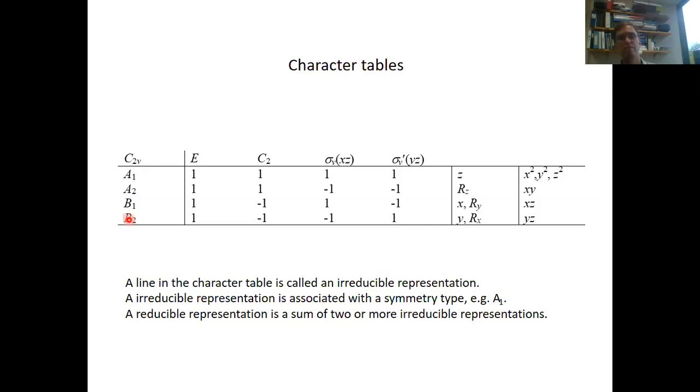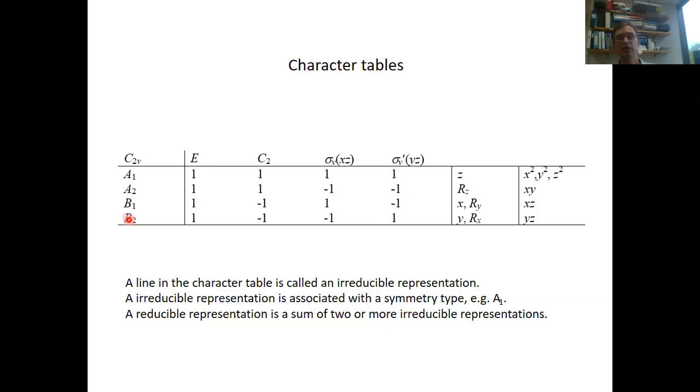Remember, our ligand group orbitals must also be mathematical functions because atomic orbitals are wave functions. Any ligand group orbital, any molecular orbital, is just a linear addition of atomic orbitals, and therefore is also a wave function, which can be described by a mathematical function. For that reason, you can apply character tables also to wave functions and orbitals.